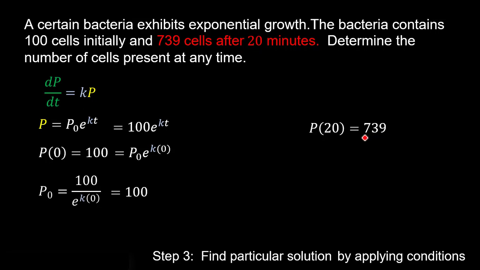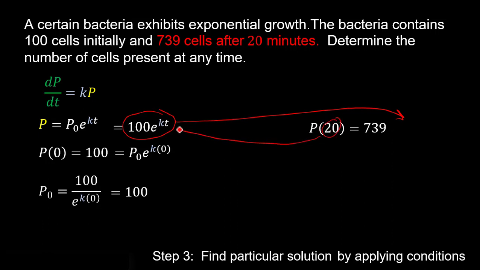So we can set this 739 equal to our population equation here, where we have plugged in 20 for our t value. So plugging in that 20 for our t here, we actually get one equation with one unknown, which is k. So we want to try and isolate k now so we can solve for it. So to do that, we can first isolate e to the kt.